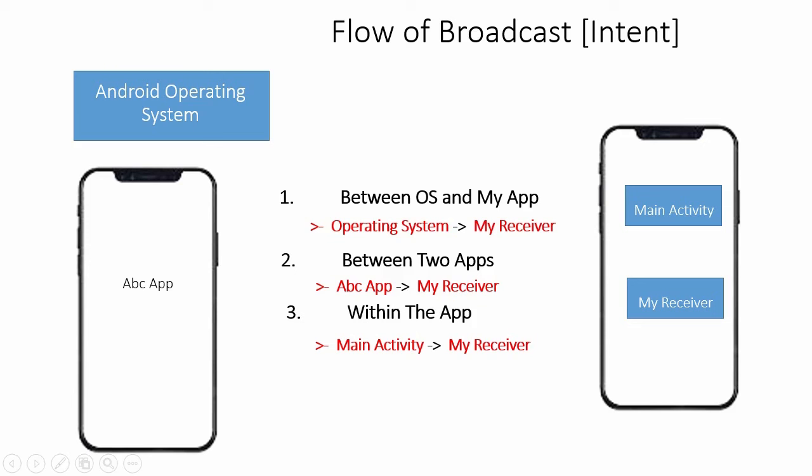Like in my app, I have enabled the notification, and my app's notification sends a message to my app to change this or anything. The other one is from the operating system, like enabling Bluetooth or restarting your device. And the other one is between two apps: maybe you are using WhatsApp, you send a message to another app and it gets received. That's the flow of it.